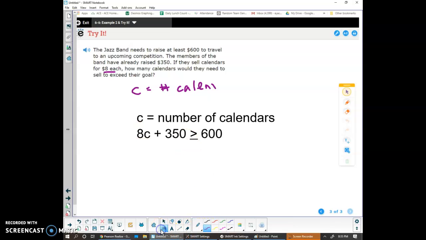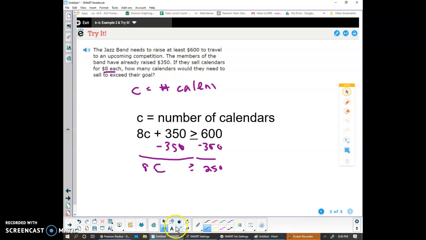And you're just going to do a two-step to solve it. So first step, subtract 350, okay? Undo the plus with the minus. If we subtract 350 from 600, you're going to be left with 250, okay? So we have 8c is greater than or equal to 250.